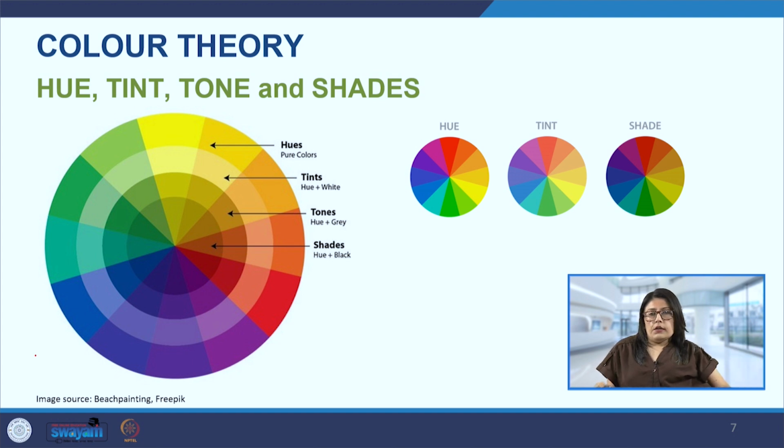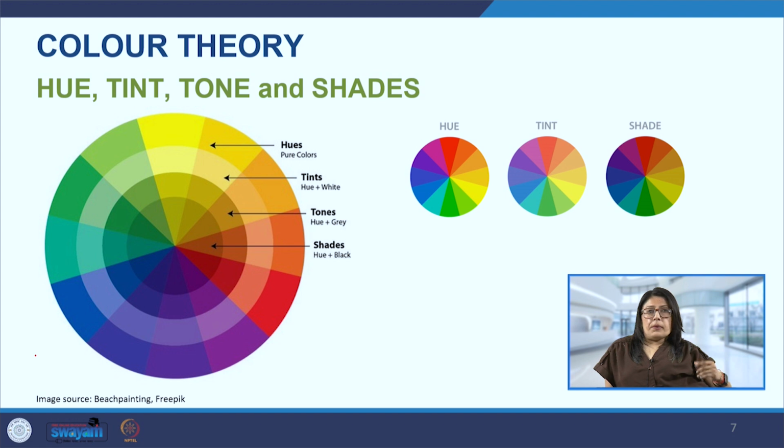We can see here on the screen that when we add white to a color, it becomes a tint of that same hue, and when I add black, it becomes the shade of the same hue. Whereas if I add grey to the hue, it will become the tone of that particular hue.